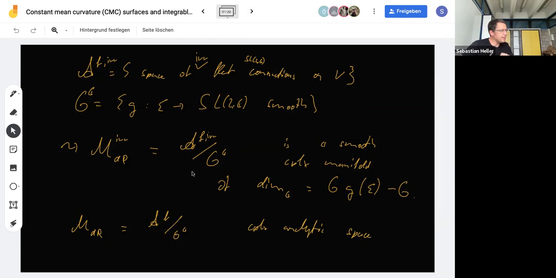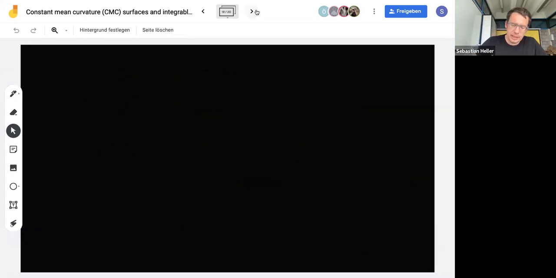Maybe I will not be able to tell you everything I wanted to tell you today, but let me just mention some important observation about this complex manifold. Namely, we can identify it via the monodromy representations of flat connections.